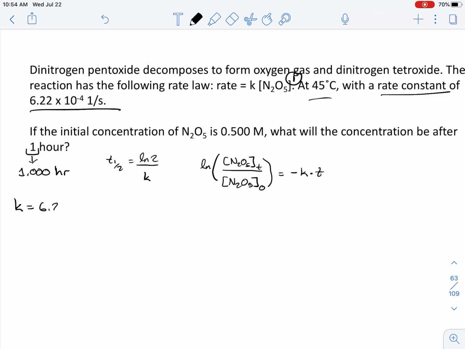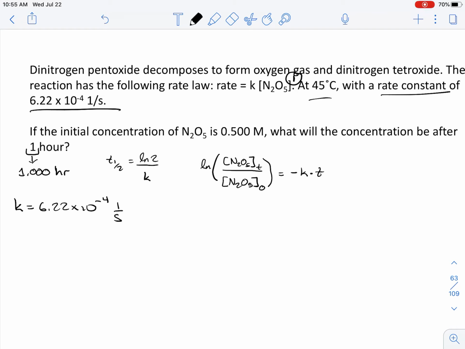So K is going to be 6.22 times 10 to the negative 4, 1 per second. And so we can also take a look at the units for K. If it's 1 per second or 1 per minute or 1 per hour, basically if it's the reciprocal of time, that's also another characteristic of first order reactions.